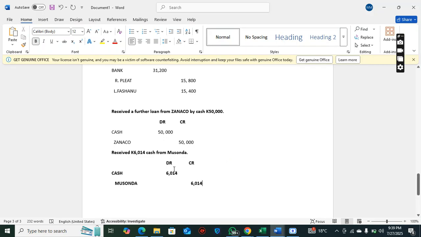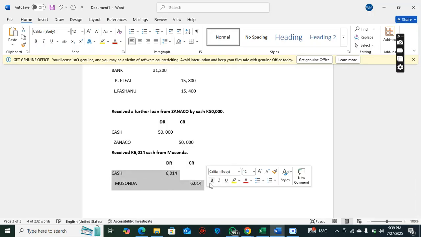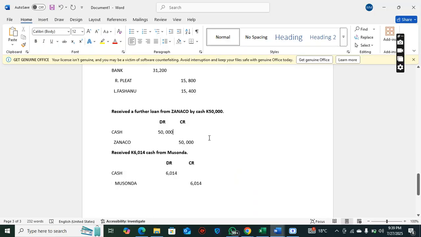Yes. So these are the transactions, the final transactions.